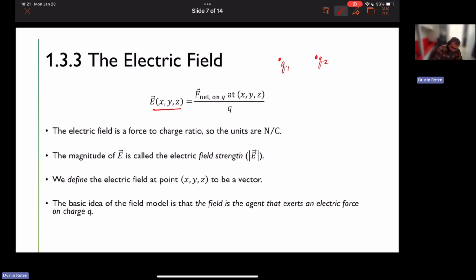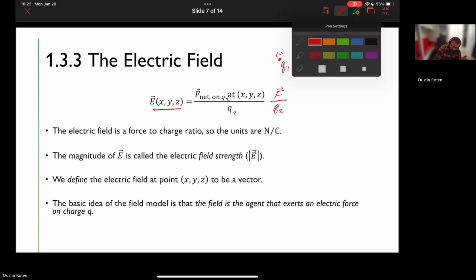So what we've been doing is, if we wanted the electric field E at Q2, we would take the force that Q2 experiences. We know it's this way since they're both positive. So whatever that force is, we would take that force on Q2 and divide it by Q2.